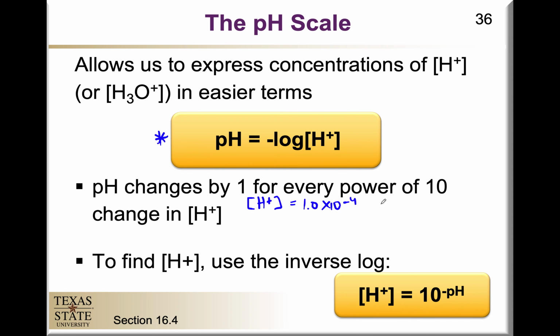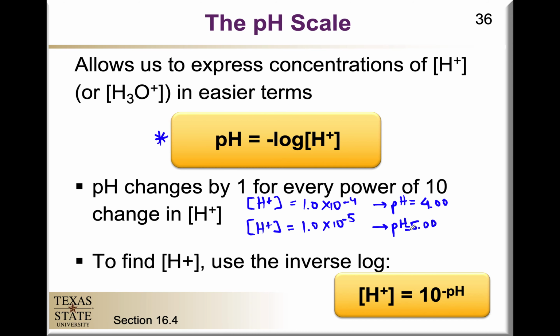If we take the negative log of that, we'll find that the pH associated with that is 4.00. Then if I take a different solution that has a hydrogen ion concentration of 1.0 times 10 to the negative 5, that would refer to a solution that has a pH of 5.00.